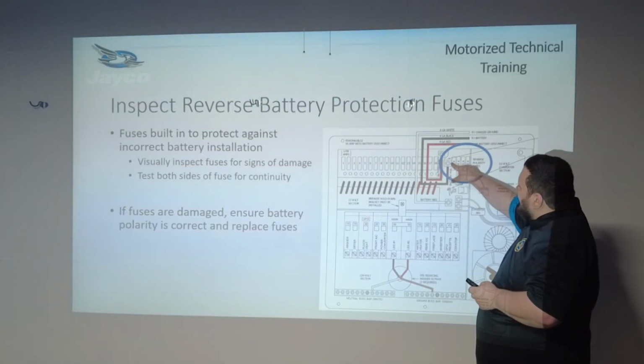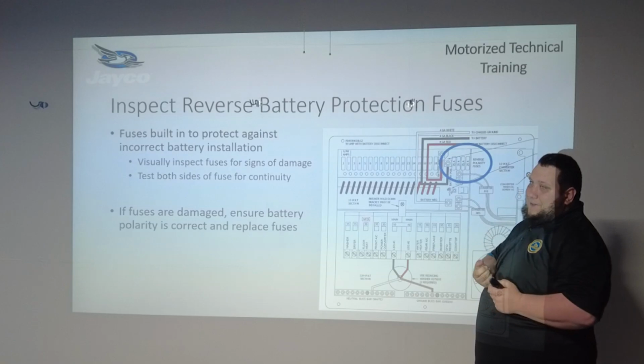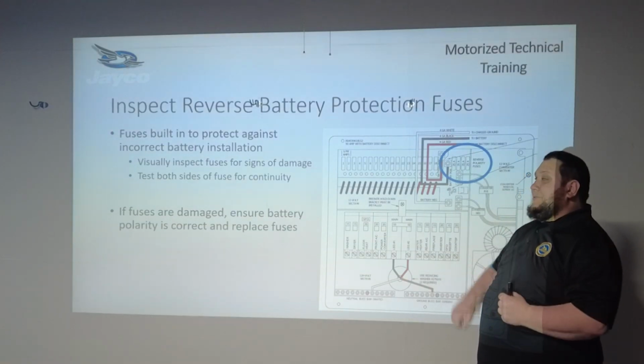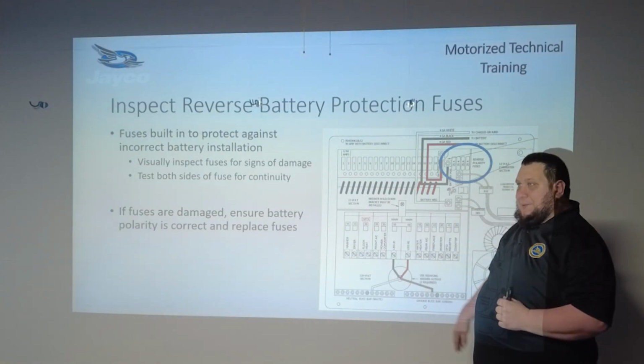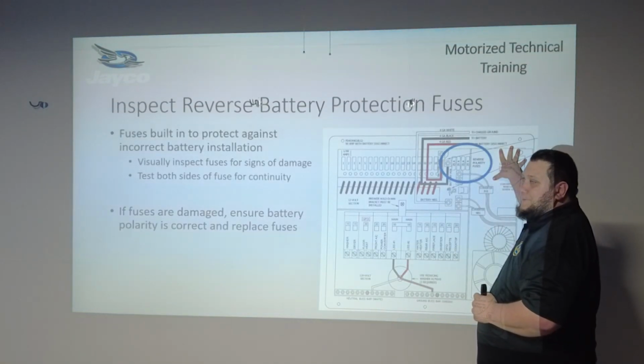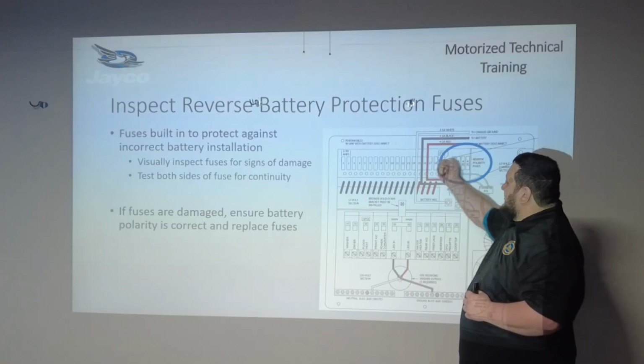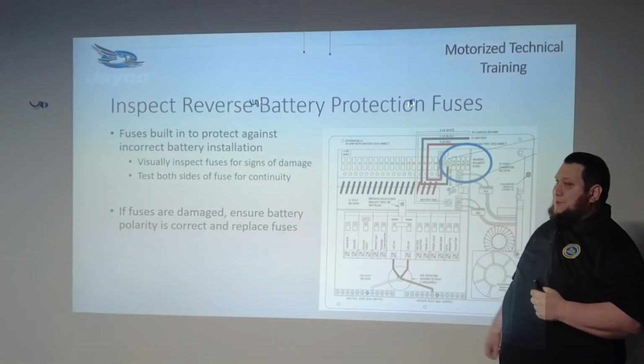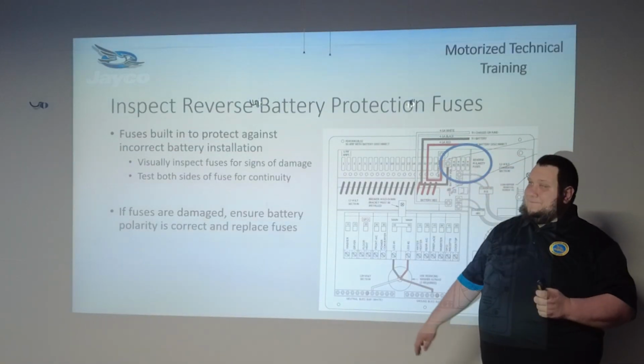These reverse polarity fuses detect that power is flowing the wrong way. They pop to protect the converter, because we don't want the wrong polarity of power coming into the converter or vice versa.